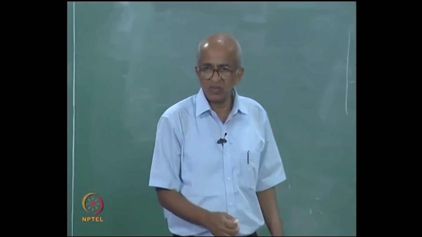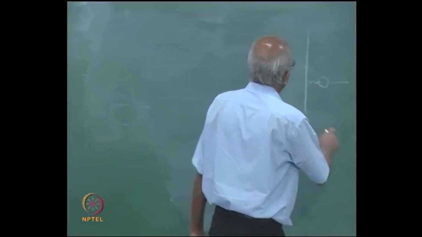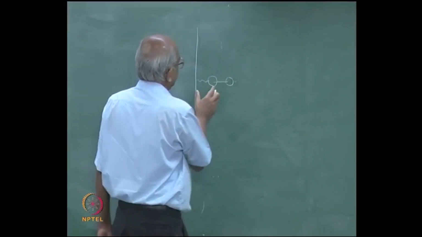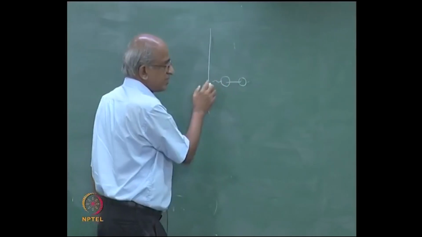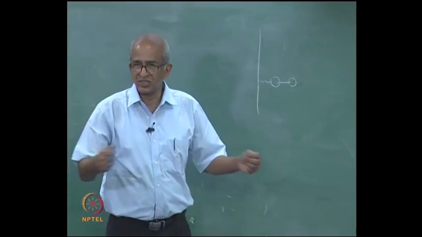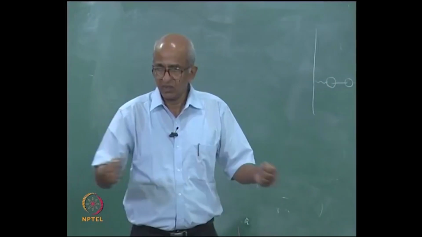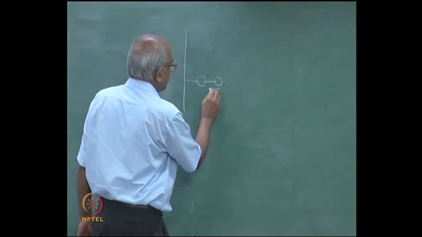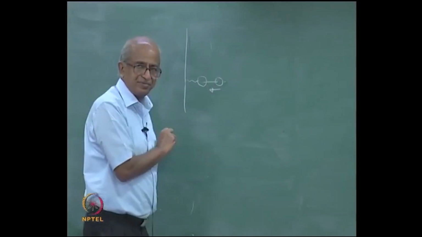Why does it execute vibrational motion? Because when I have displaced it to this position, the bond between the hydrogen and the tungsten has been stretched, and so there will be a restoring force trying to bring the atom back to the equilibrium position.